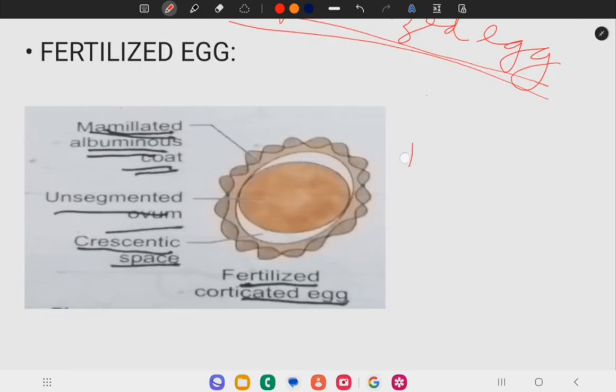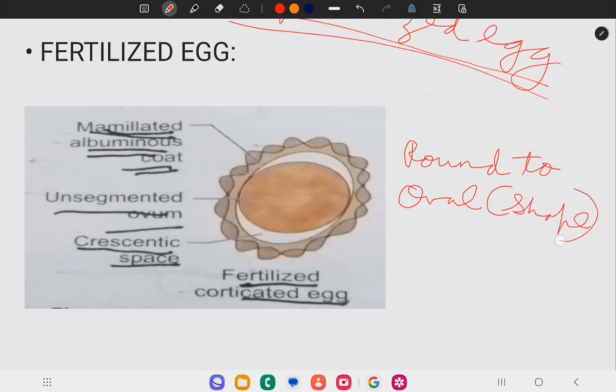Fertilized egg is round to oval in shape. It has an unsegmented ovum and it has a clear crescentic space at both the poles.